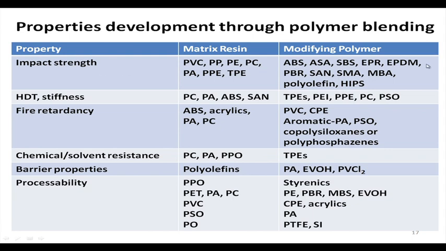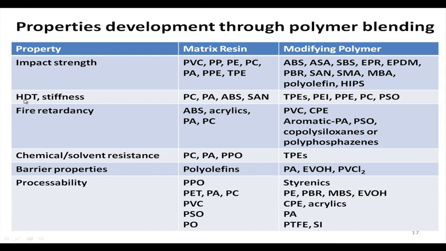And these are considered as modifying polymers: ABS, SBS, EPR, EPDM, polybutadiene, styrene acrylonitrile, polyolefin, high impact polystyrene. These can be used for blending with any of these matrix resins to have newer products.